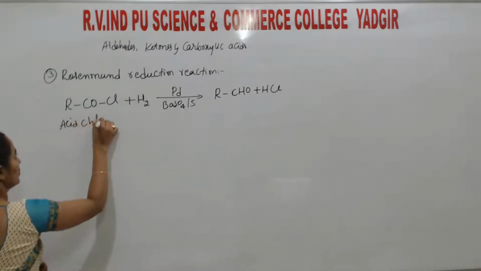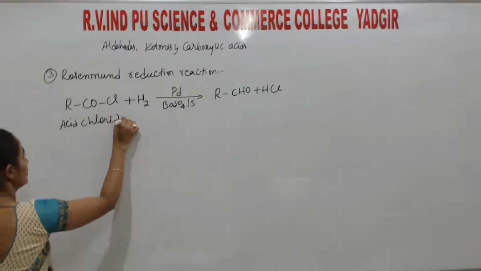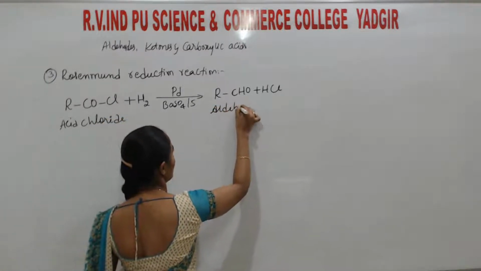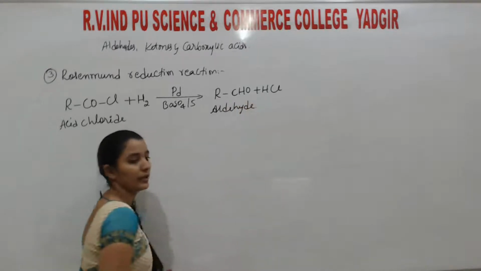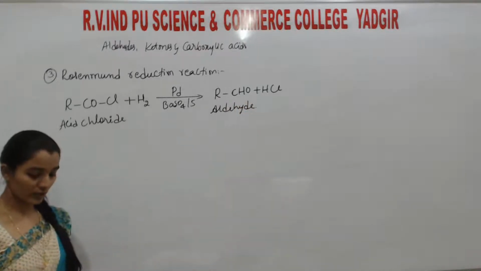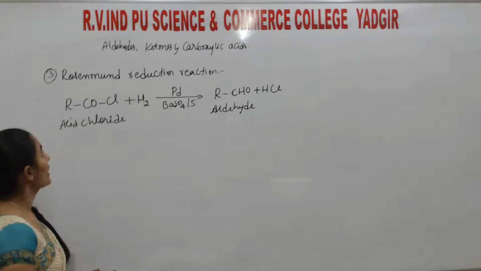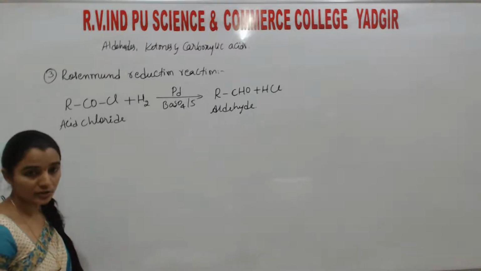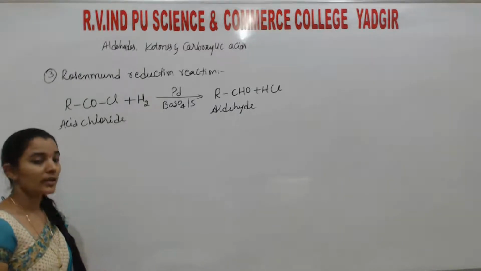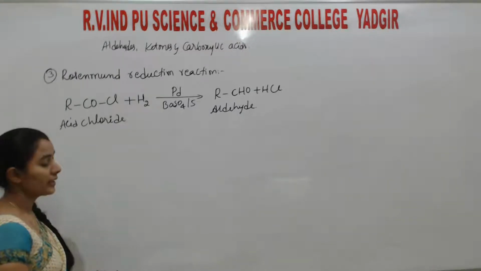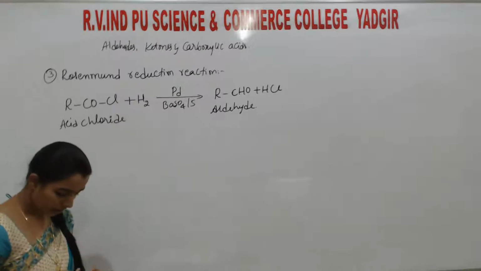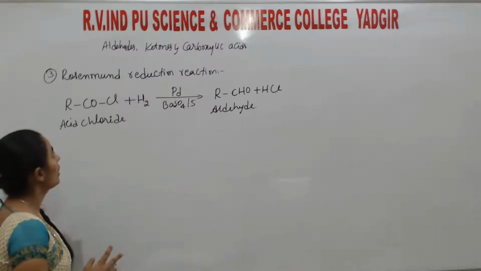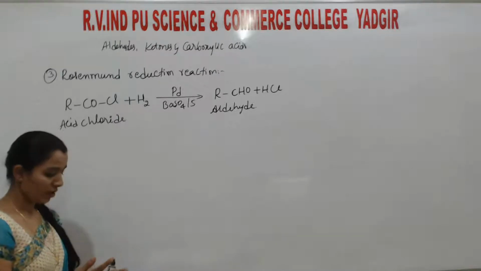So this is acid chloride. This one is aldehyde. Okay. So what is happening here? When acid chlorides undergo reduction reaction. Reduction means, as I told you, either addition of hydrogen or removal of oxygen.